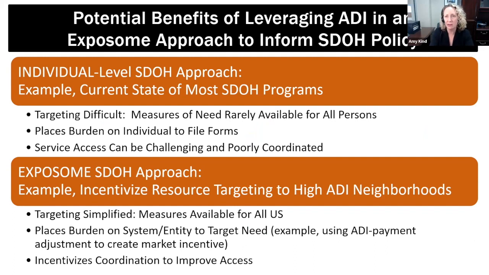This is really the state of most social determinants programs. But it does make planning and targeting difficult because you're relying on an individual to submit a form. You don't know how many individuals are going to submit these forms. You have some sense based on history, but there is a lot of missingness, and the individual themselves bears the burden to file the forms.